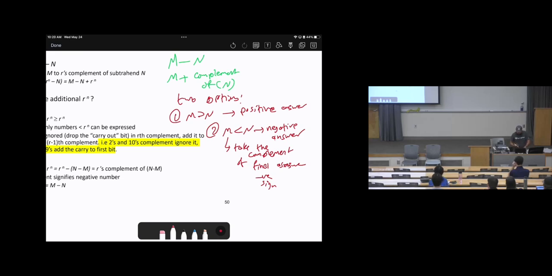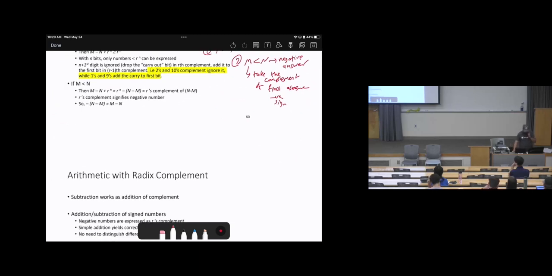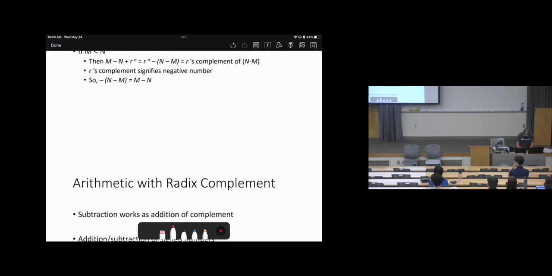Let me summarize these notes, and we will apply some examples. I'm going to summarize it this way. Nines complement, ones complement. Again, we can have m larger than n.